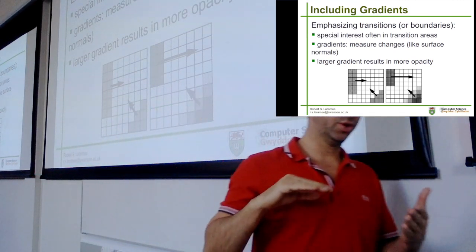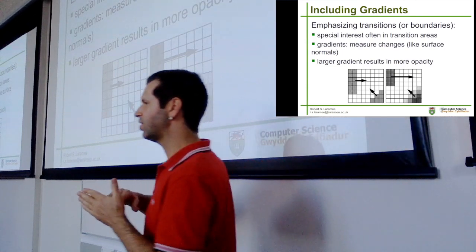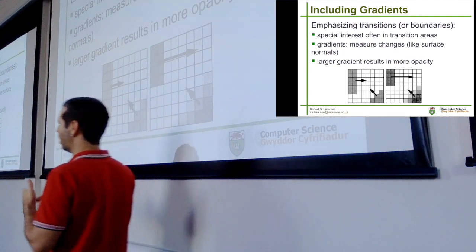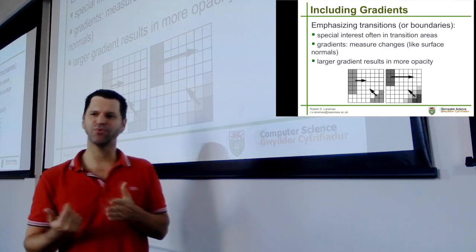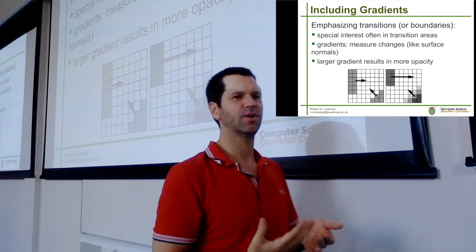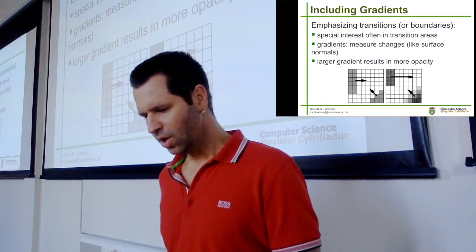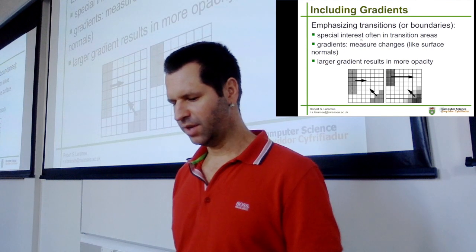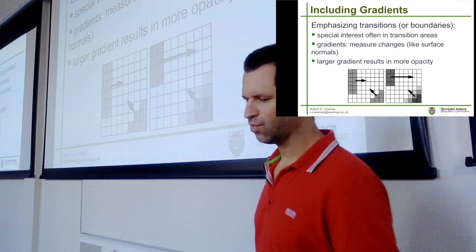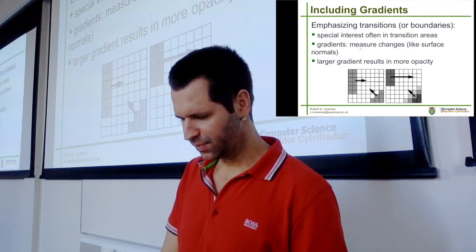Like if we shoot a ray into a volume, and we transition from air to skin, there's going to be a very high gradient in the data, and that means we hit a boundary, an interesting boundary, and skin is an interesting boundary. So gradients emphasize transitions or boundaries, and they point to special interesting regions, and they measure changes.